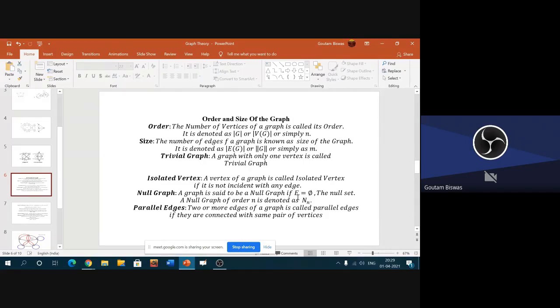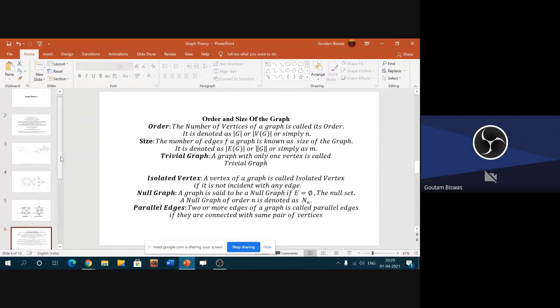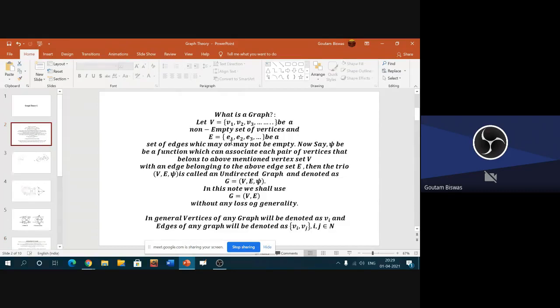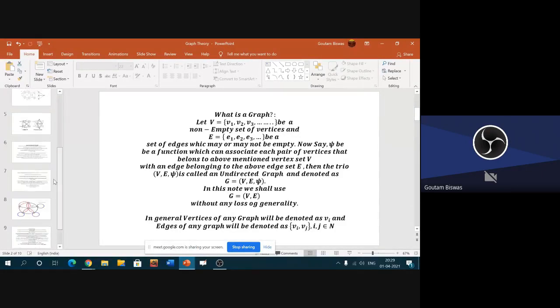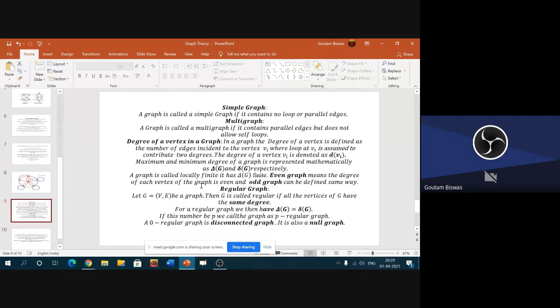E means the edge set is phi. That means there is no edge. All the vertices are isolated vertices, that is, there is no connection between any two of these vertices. So a zero regular graph is a disconnected graph. It is also a null graph.